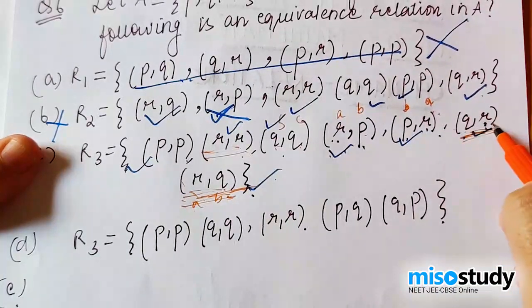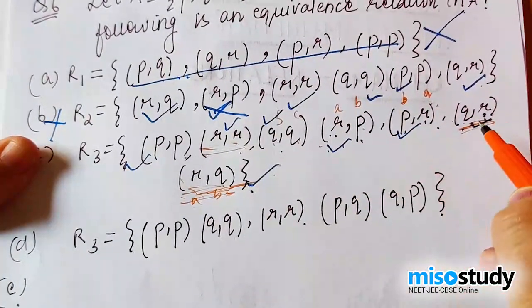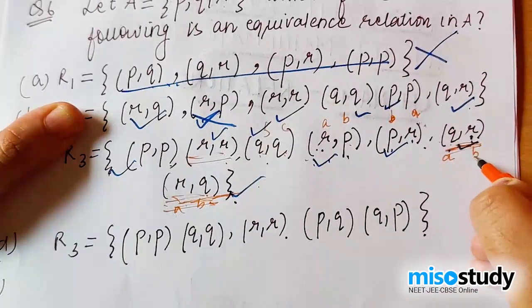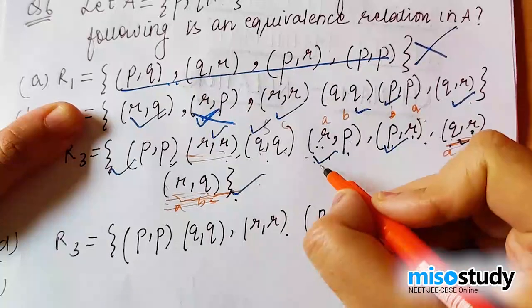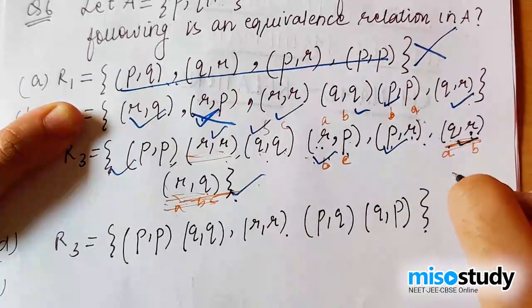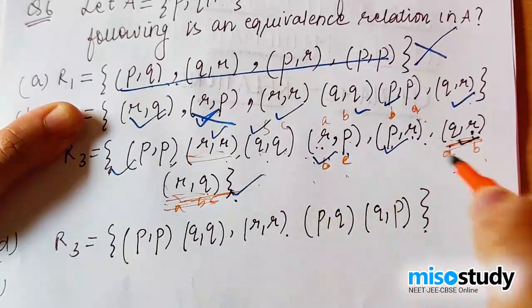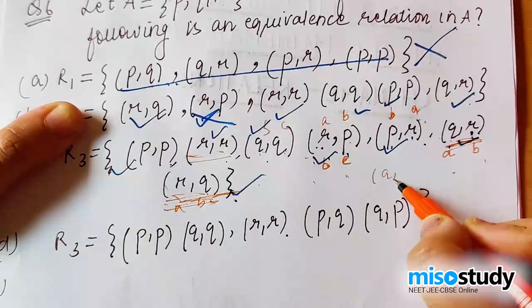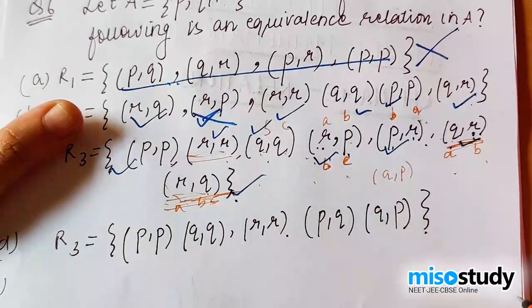Q is linked to R is linked to P. Now let's check it for the different elements. A is linked to B, B is linked to C, then you must have AC. That means what is AC? QP. Do you have QP over here?